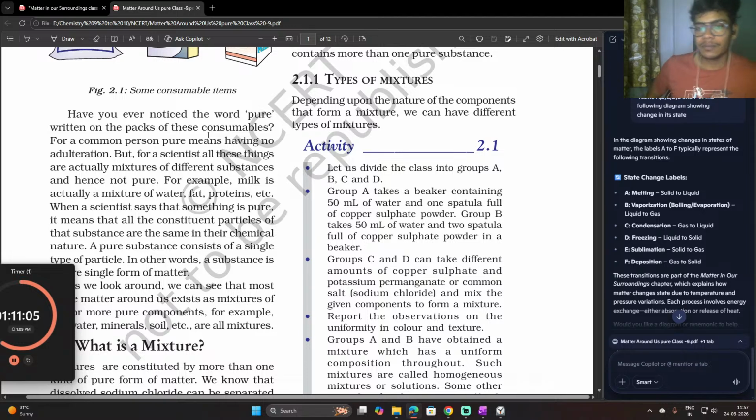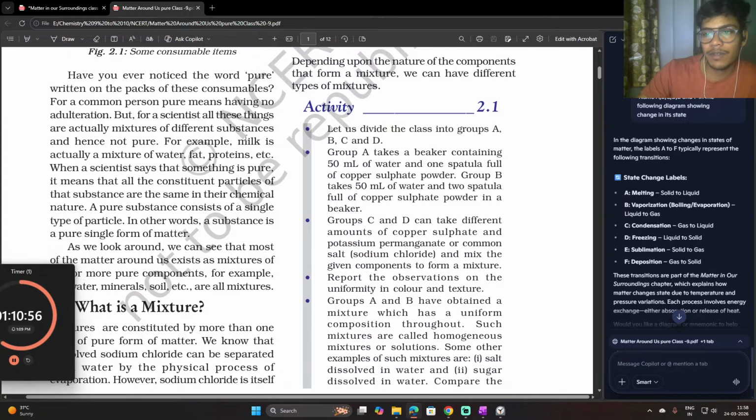For a common person, pure means having no adulteration, but for a scientist, all these things are actually mixtures of different substances and hence not pure. For example, milk is actually a mixture of water, fat, proteins, etc. When a scientist says that something is pure, it means that all the constituent particles of that substance are the same in their chemical nature.